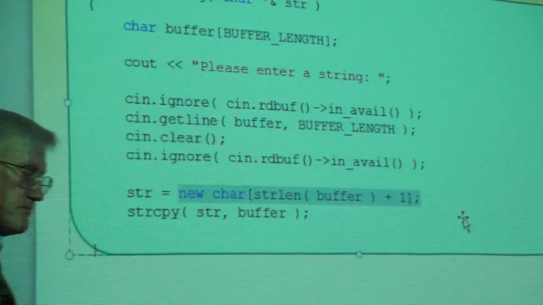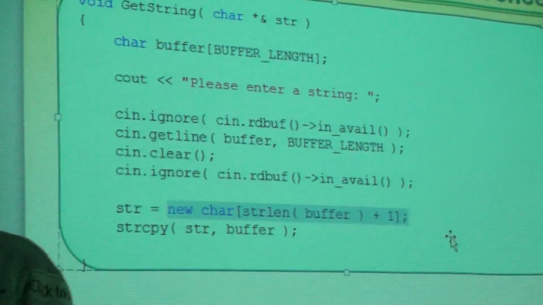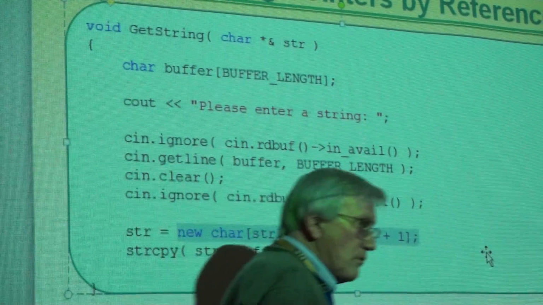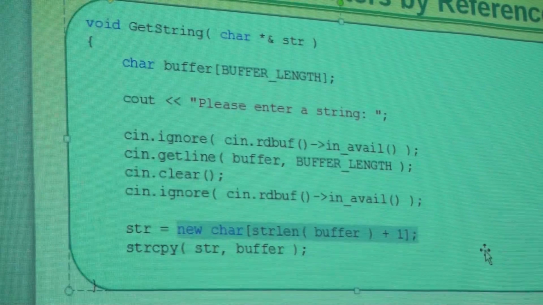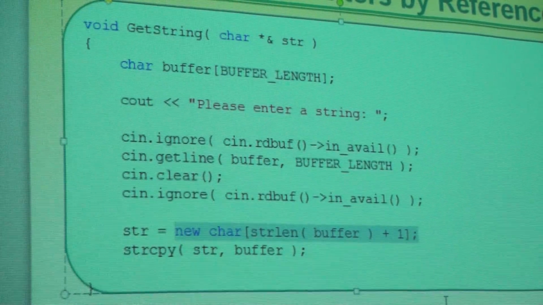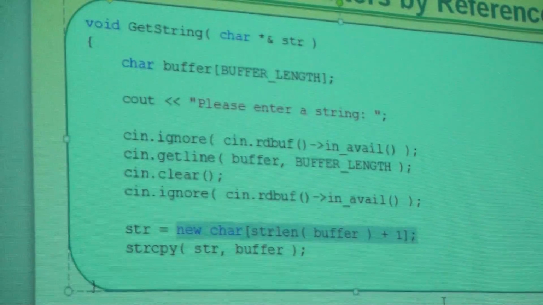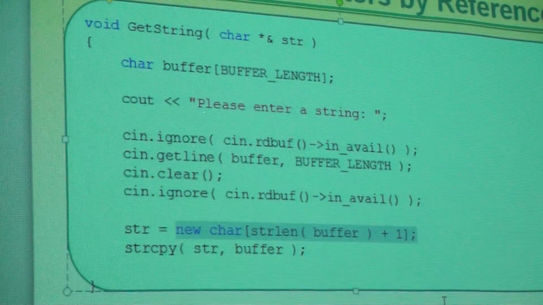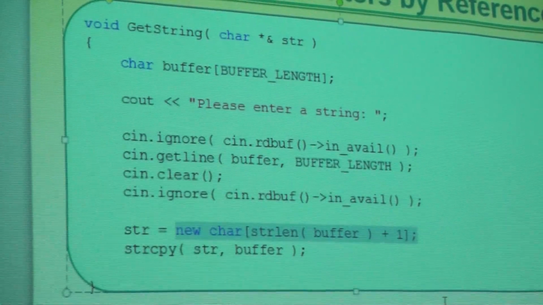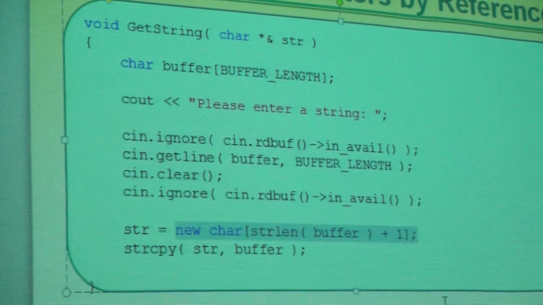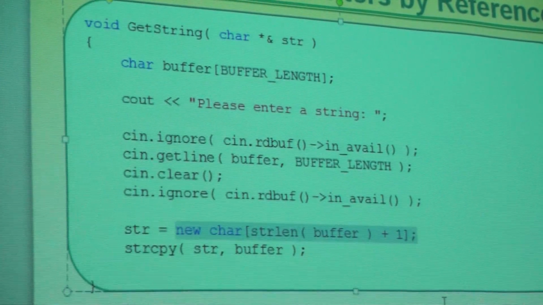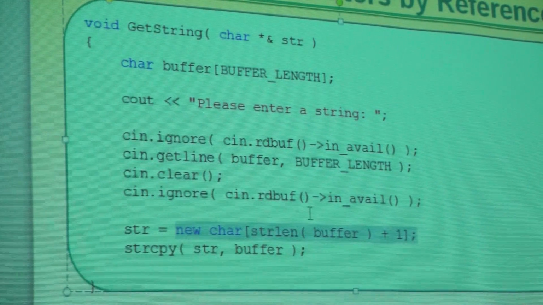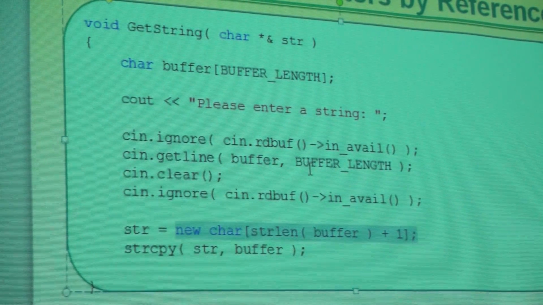It's getting more memory. There's some memory, and we allocate however long the buffer is. But doesn't it depend on what we do on this getline?